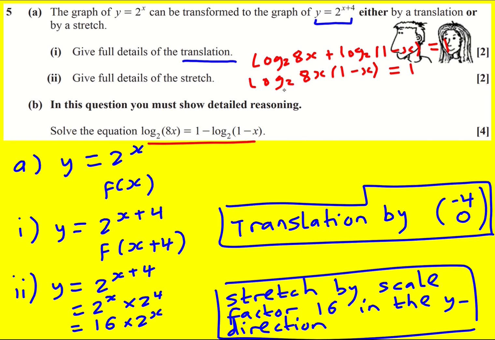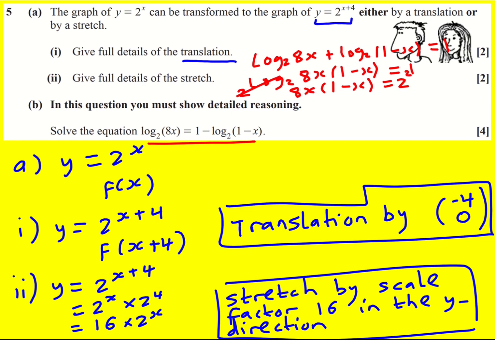So now we can undo the logs. It must be that 8x(1 minus x) is actually equal to 2. There's two ways to think about it. Like we're just either doing the inverse operation, and that's what it means. It means 2 to the power of 1 is equal to 8x(1 minus x), or you can think about raising both sides to the power of 2, and then these cancel out.